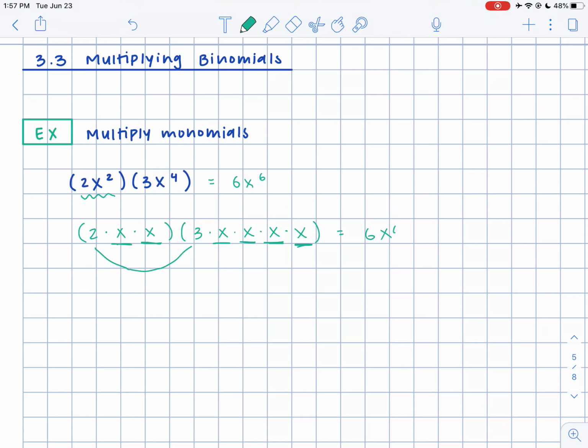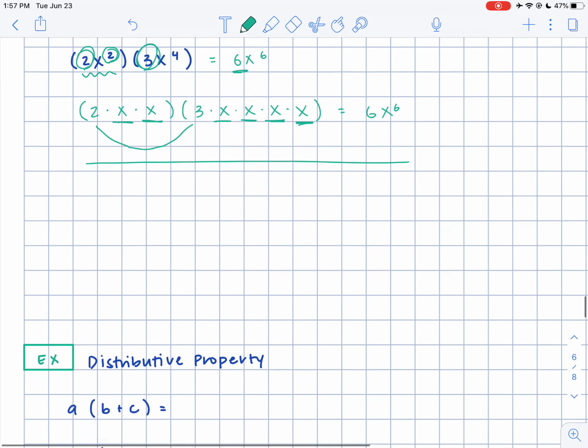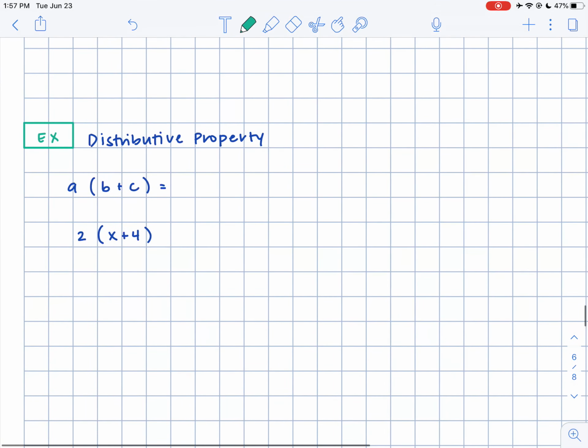That is 6 x's. So really what I did is I multiplied the coefficients to get 6, and I took the exponents and added them. 2 plus 4 is 6, and that is how I got my answer without having to write out everything. Okay? So let's move on to the next example.